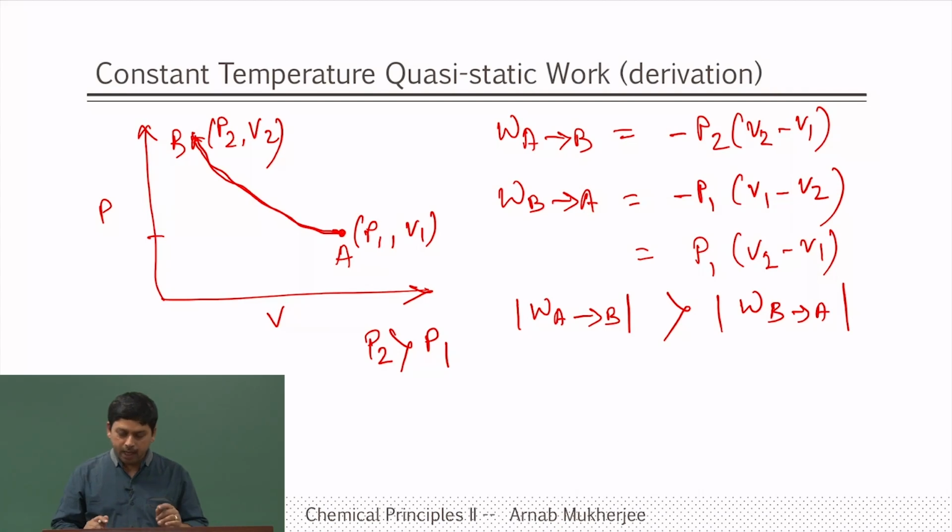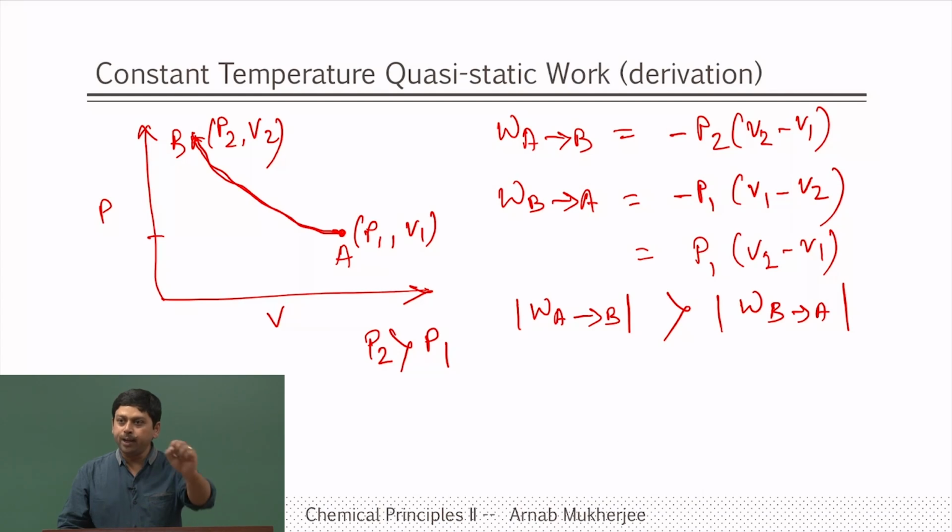Now, you see, if I go from A to B doing some work on the system, when we come back from B to A, by doing the same amount of work we cannot reach. You understand?